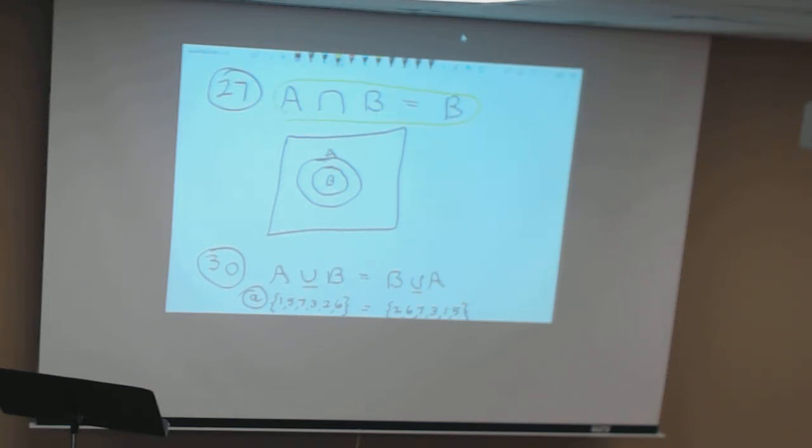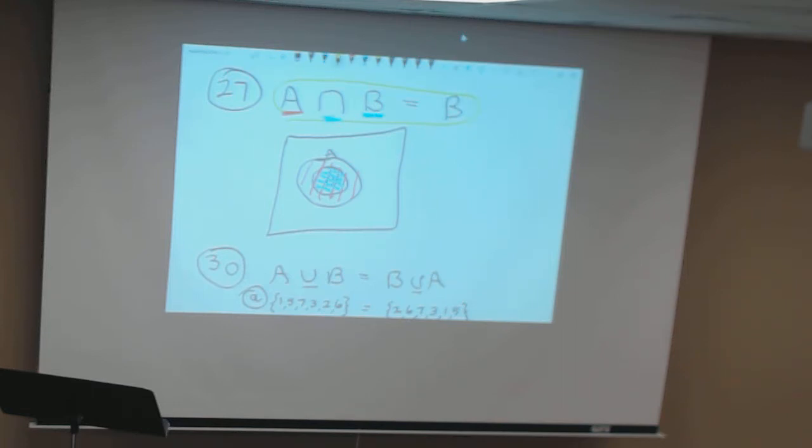That means when A and B intersect, the intersection is B. So here's A. And here's B. And if I want the intersection, no, let's change that to green.